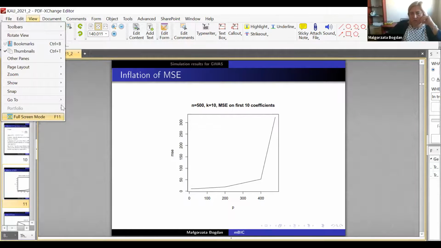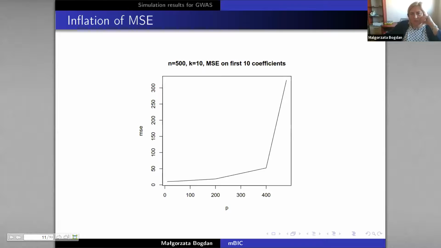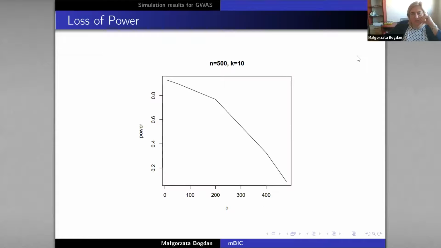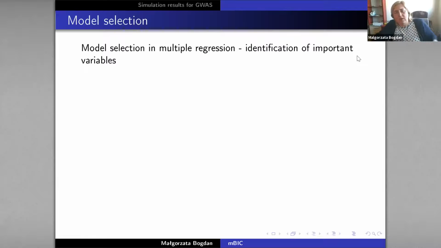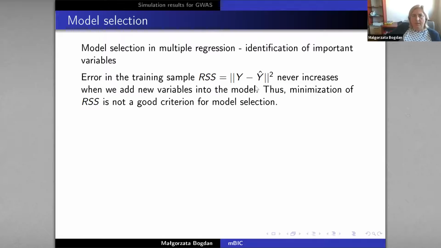Okay, so we are now going to talk about model selection techniques. This is a set of techniques to identify important variables. And clearly, you cannot use the residual sum of squares for this purpose. The residual sum of squares is the distance between what you observe in the training sample and what you predict.